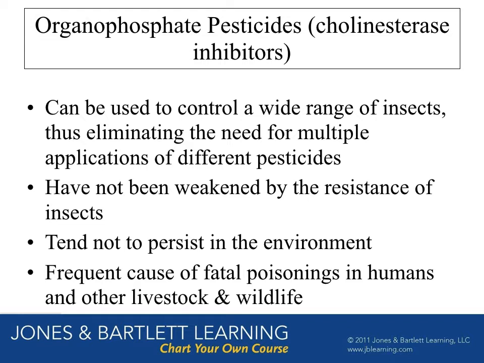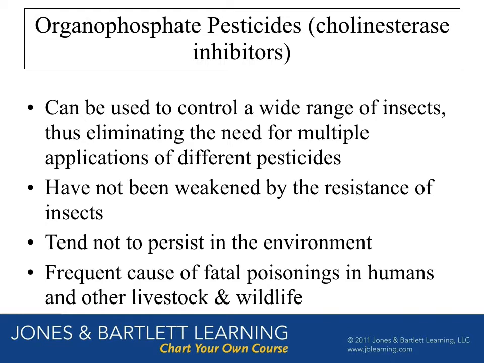This is interesting because in this context, we think about antibiotics, for example, and one of the big problems we have now are resistant strains of antibiotics. Use of these organophosphate pesticides over the years has not created any kind of resistance in the insects. They tend not to persist in the environment, which is an advantage.